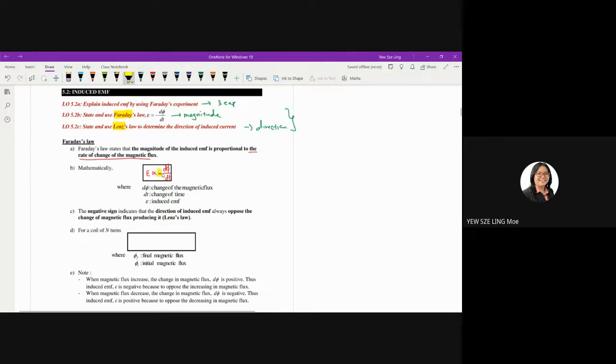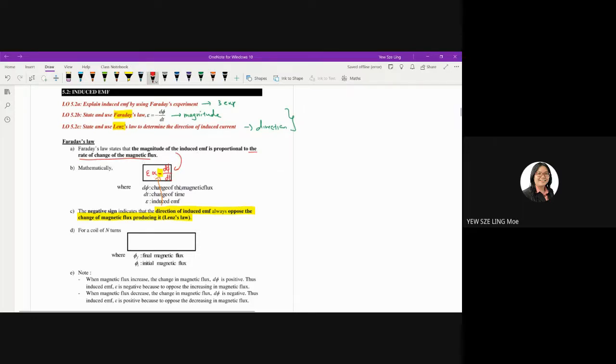Because the negative sign tells you the direction of induced EMF, which always opposes the change of magnetic flux producing it. When you combine these two laws, it gives you one equation: EMF is proportional to negative d phi over dt. Faraday's gives you this, and Lenz gives you the direction.